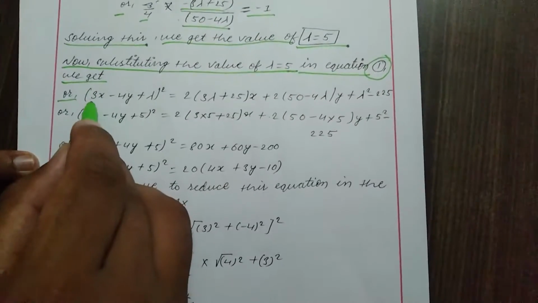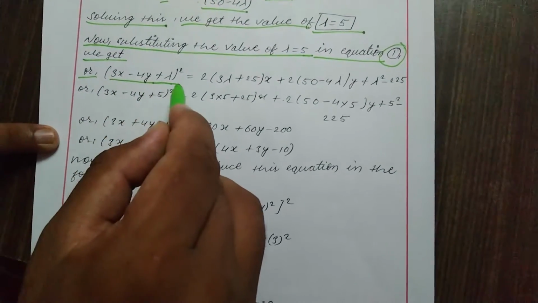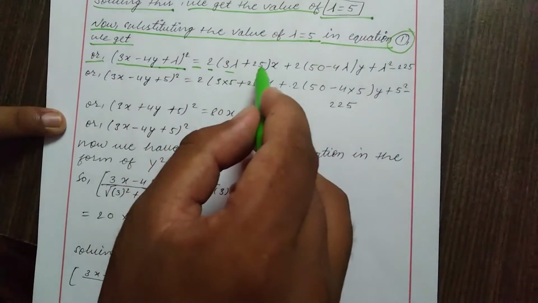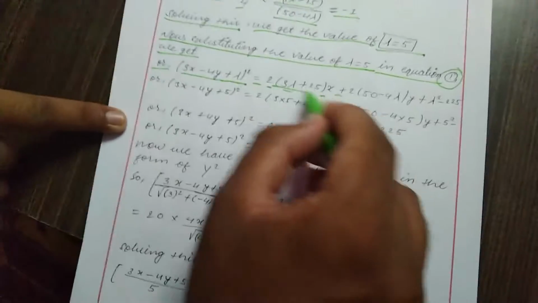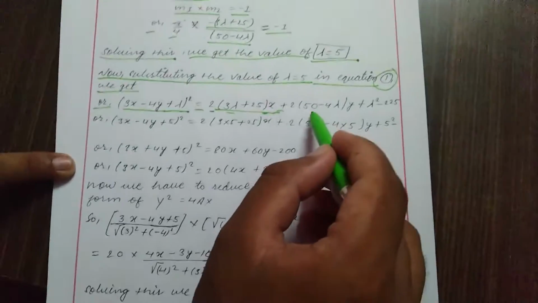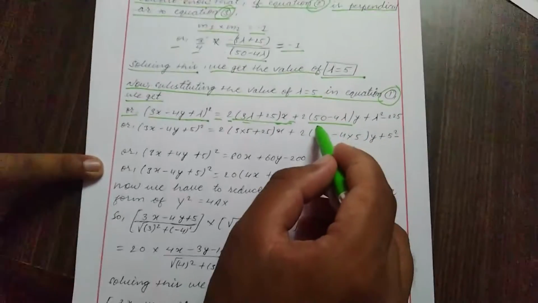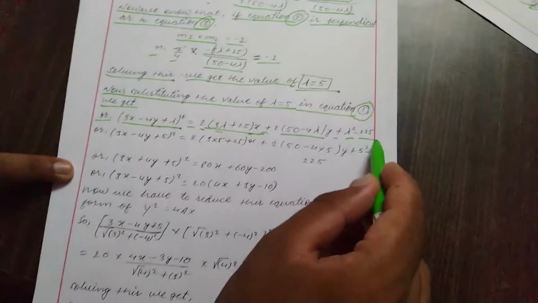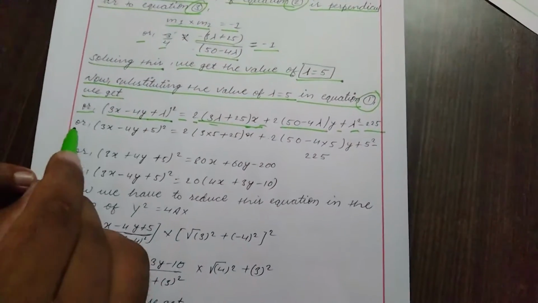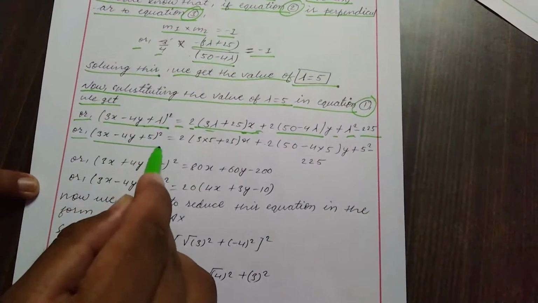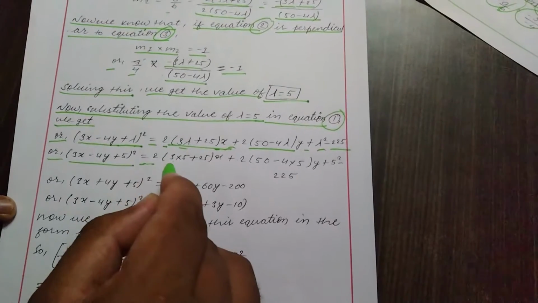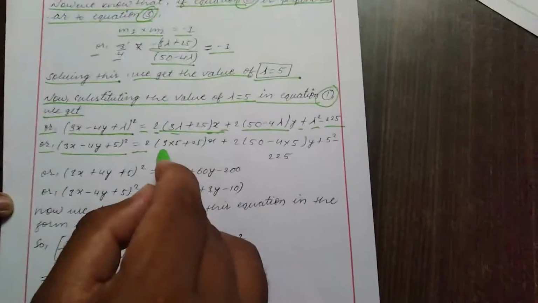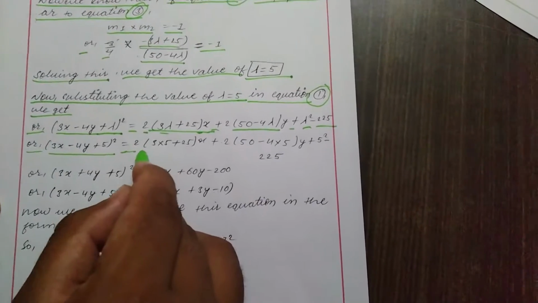(3x minus 4y plus lambda) whole square equals 2(3 lambda plus 25)x plus (250 minus 4 lambda)y plus lambda square minus 225, or (3x minus 4y plus 5) whole square equals 2(3 into 5 plus 25)x.